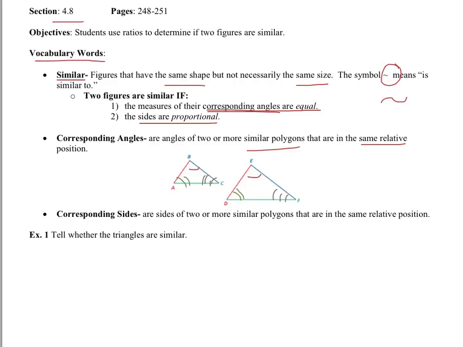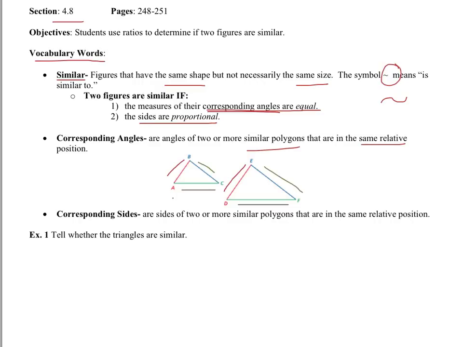Corresponding sides, mine's color-coded, so you can see that a little bit better than on yours. You can see line AC corresponds with DF, and then AB is corresponding with DE because they're in the same position, and then BC is corresponding with EF.